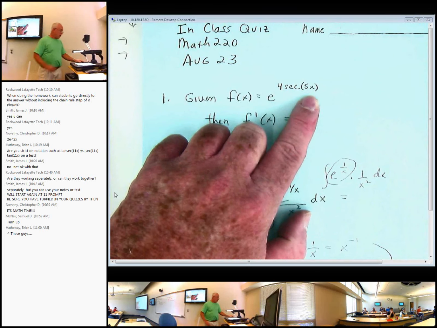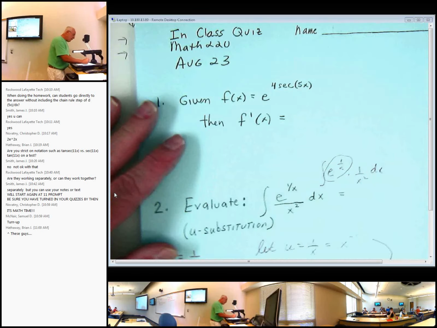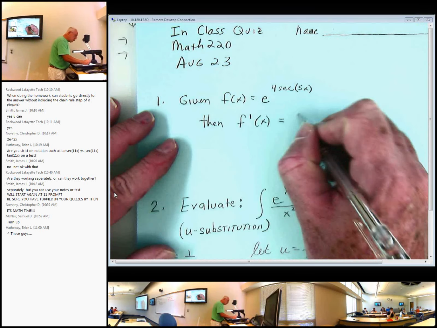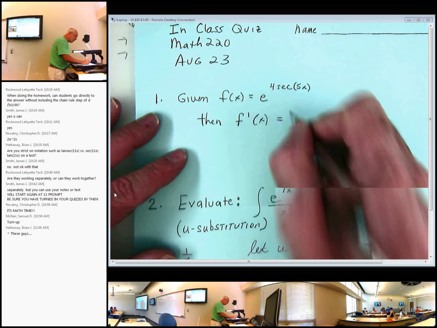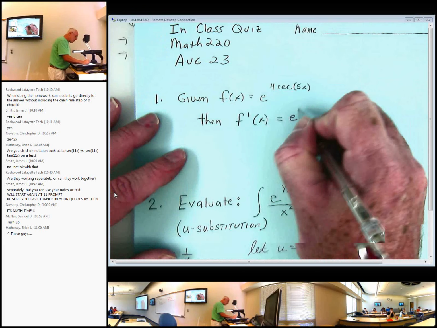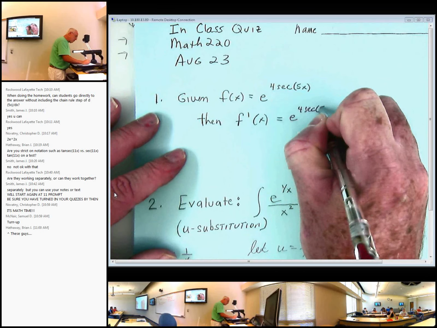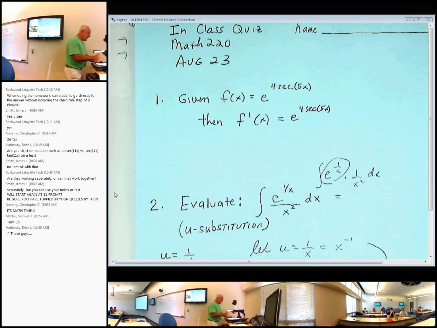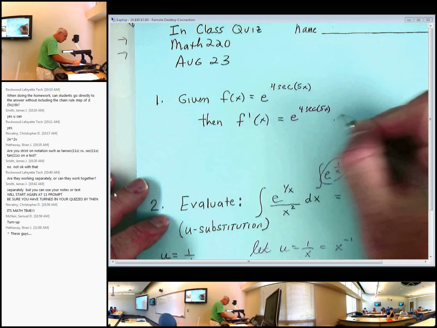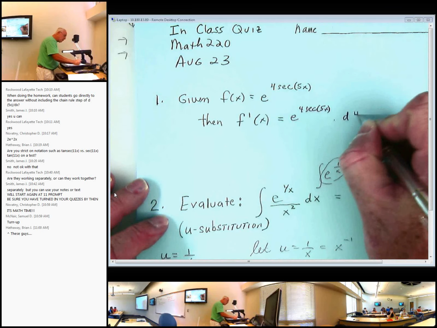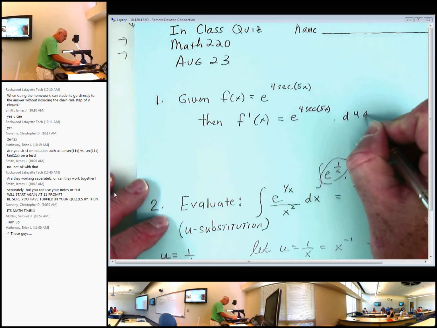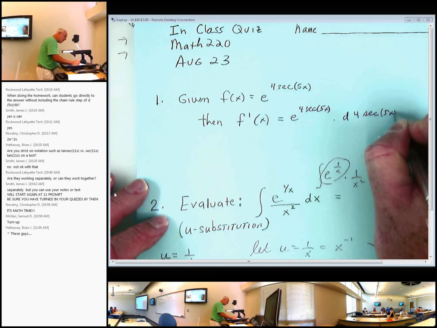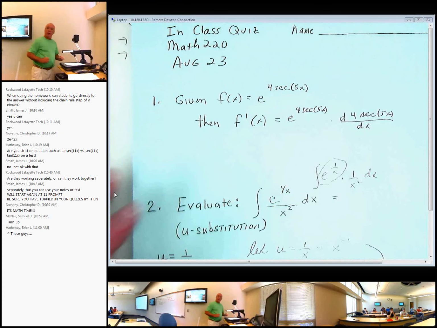All right. Sure. Let's just do it rather than just write the answer. I repeat my exponent function, e to the 4 secant 5x, and then I'm going to multiply by the derivative of 4 times the secant of 5x, all right?